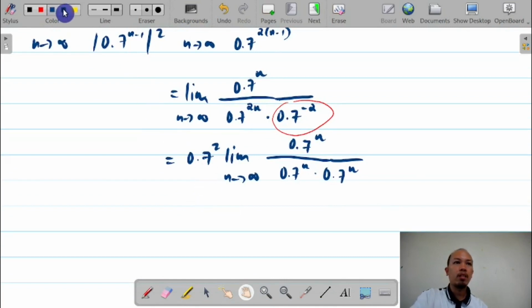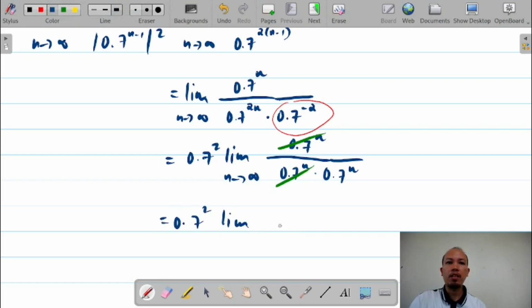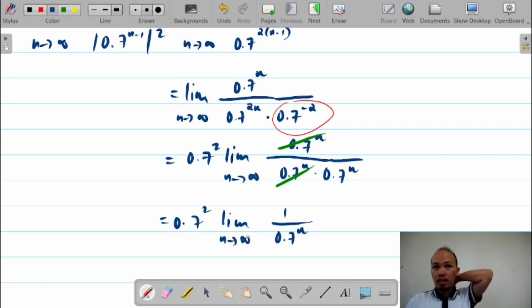So we can consider 1 over 0.7 squared times the limit of 1 over 0.7 to the n as n approaches positive infinity.